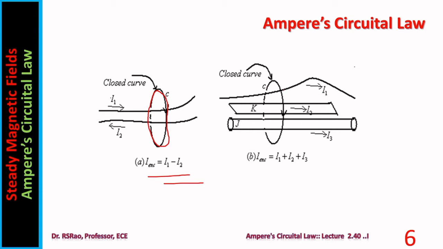Here this closed curve is enclosing line current, surface current and also volume current. So filamentary current, surface current, volume current. The net current crossing the surface enclosed by the curve becomes I1 plus I2 plus I3, as all are in one direction. If the directions are opposite, then accordingly I enclosed has to be considered. So this I enclosed is integral of J.dA.